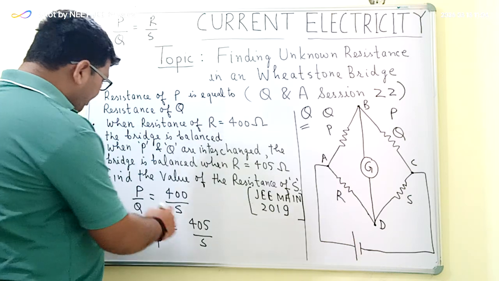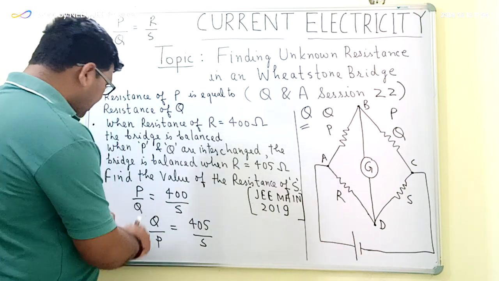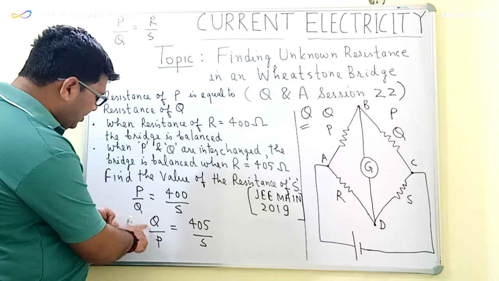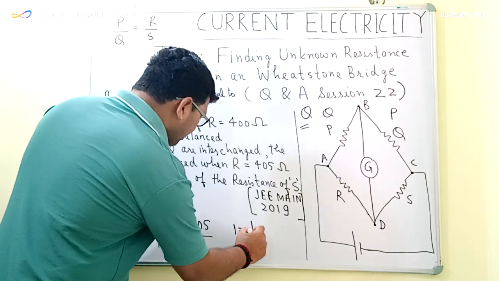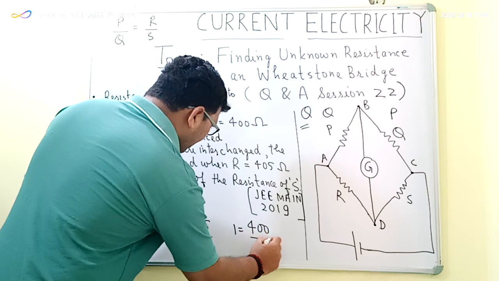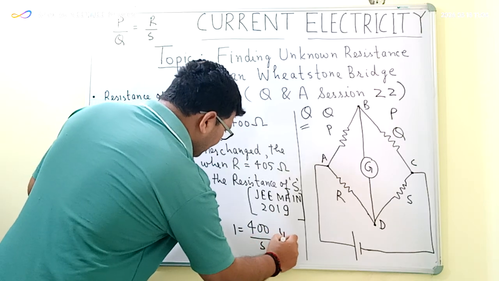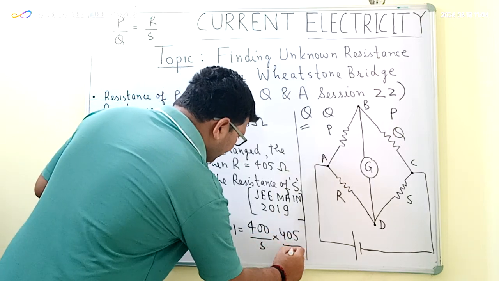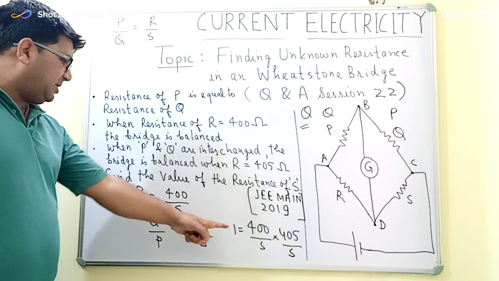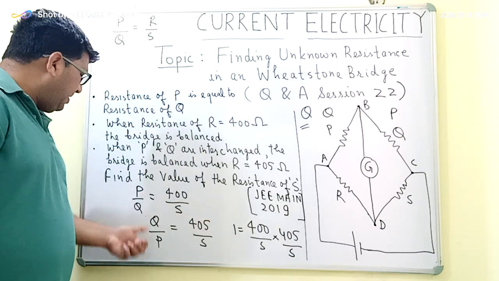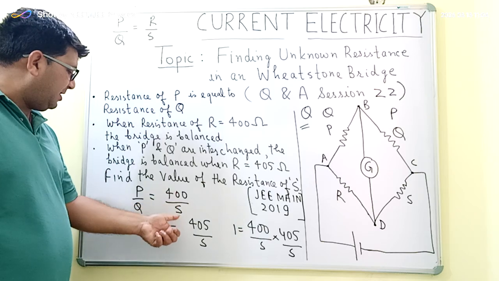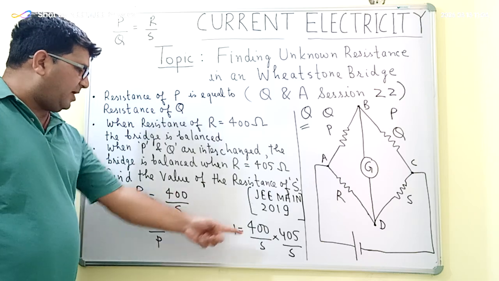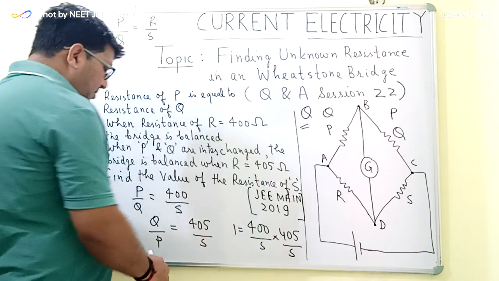Now simply I will be multiplying both these two equations. So I will be getting P upon Q into Q upon P, which will be equal to 1, and on the other side 400 upon S into 405 upon S. So this is the relation which I am getting after multiplying these two equations.